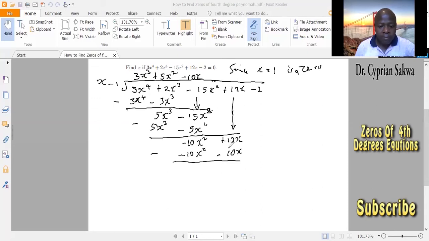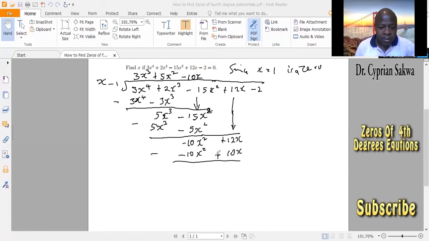will give us, what was it? It was plus 12. Oh, just a minute. Minus 10x times x squared will give us minus 10x squared, and minus times minus will give us positive.